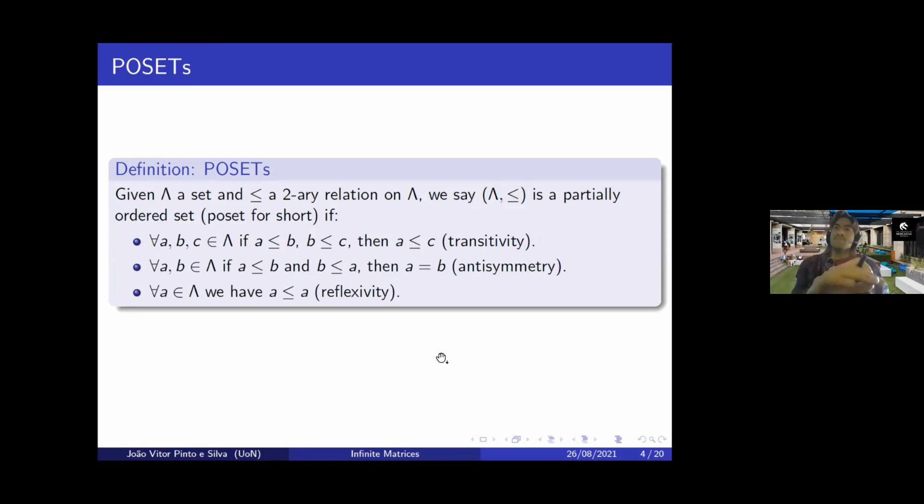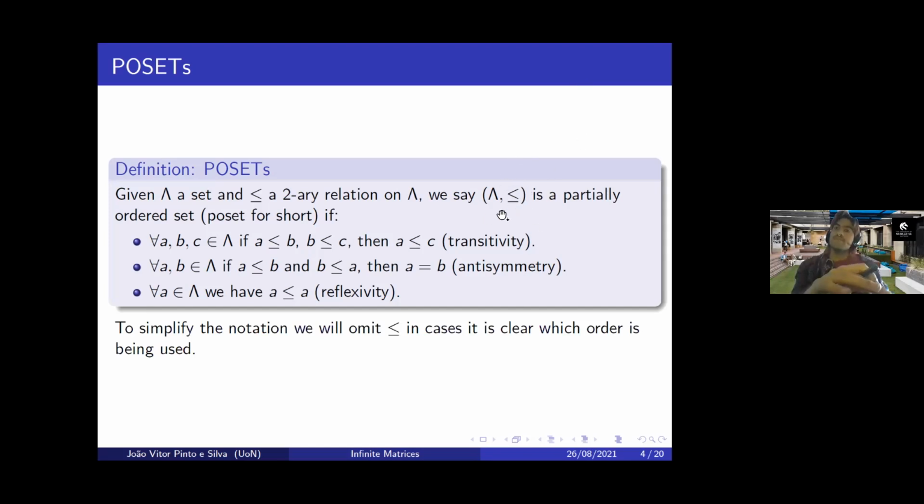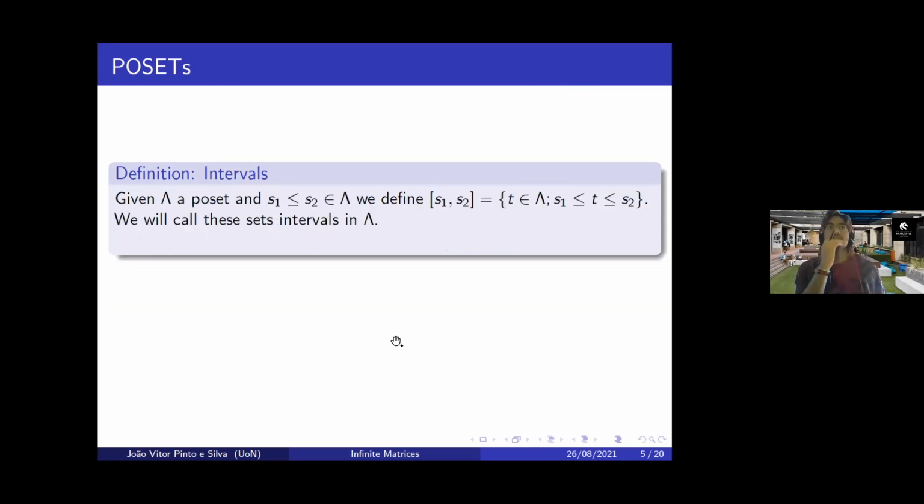And we will meet the less or equal sign when we are talking about a poset. We have a lot of common examples that we know, like naturals, rationals, reals, integers. They are all posets with the usual order.